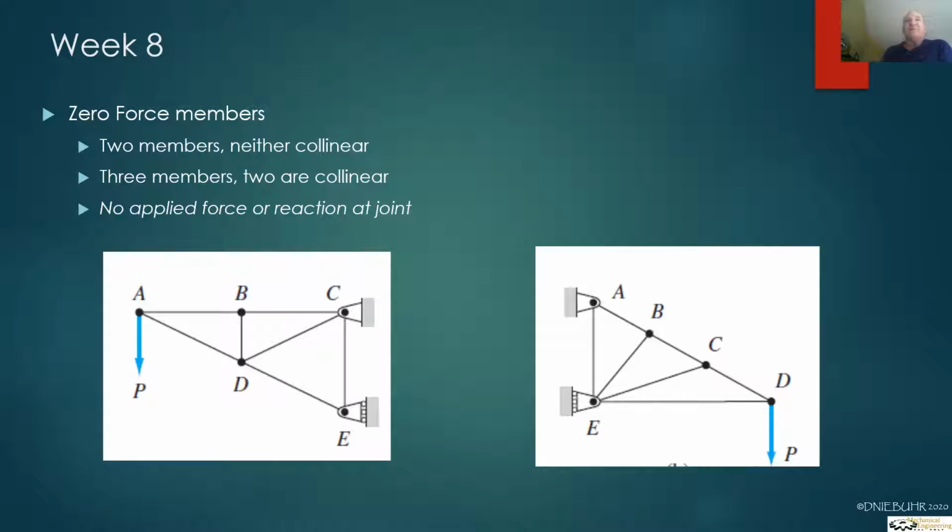So that's what differentiates. If we look at the first one here that has A, B, C, D, E, well, actually, I guess they both do, but the triangle on the right, and you see the load P going down. Which do you see right away? First off, what are the zero force members in this one?